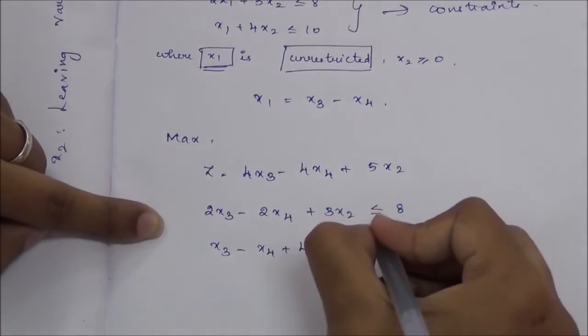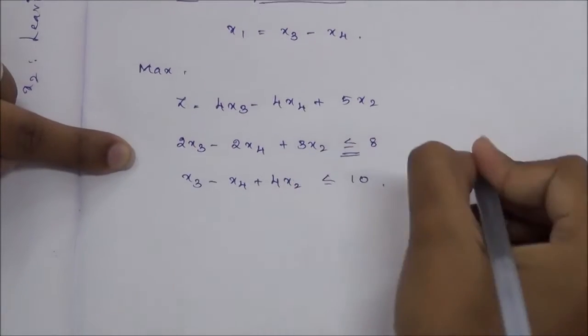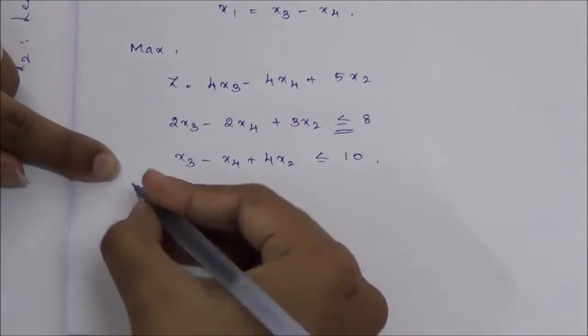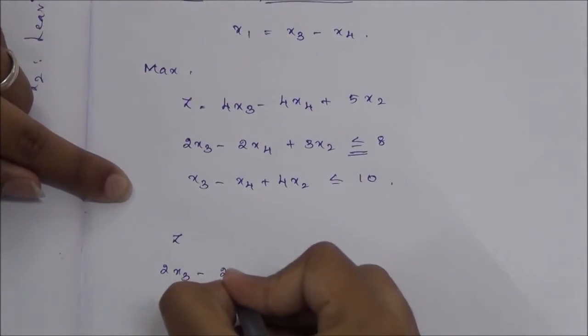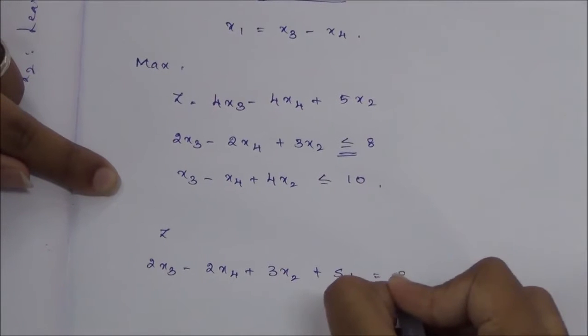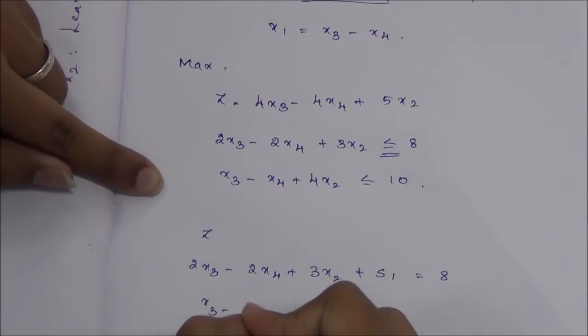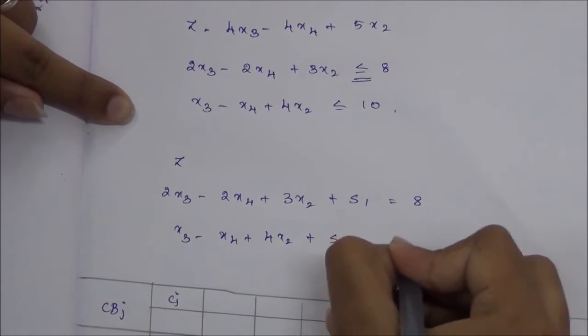Since this is a maximization problem and the constraints are less than or equal to, to convert them into equalities we will add slack variables. So it will be 2x3 minus 2x4 plus 3x2 plus s1 is equal to 8, and x3 minus x4 plus 4x2 plus s2 is equal to 10.